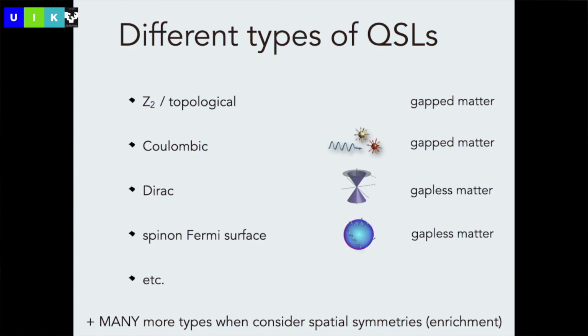We have the Z2, for example the toric code, and other topologically ordered quantum spin liquids which have gapped matter. We have examples of Coulombic spin liquids, which I'll discuss in a second, which is emergent electrodynamics, which also has gapped matter, but is actually gapless because there is an emergent photon mode.